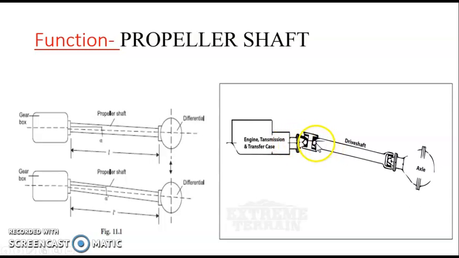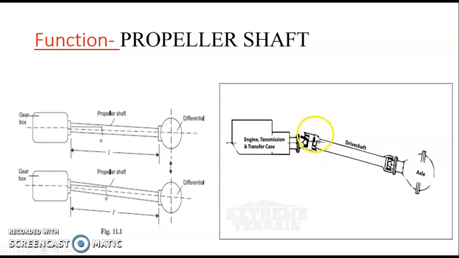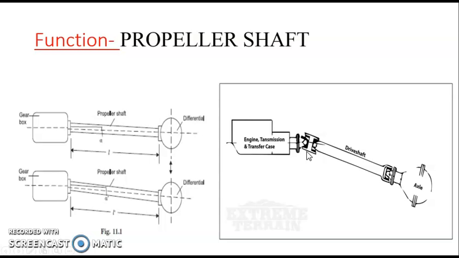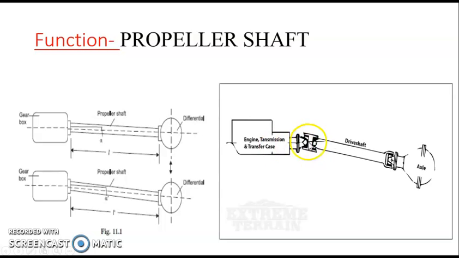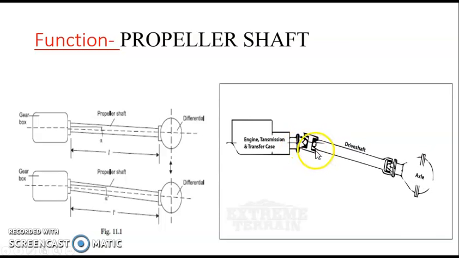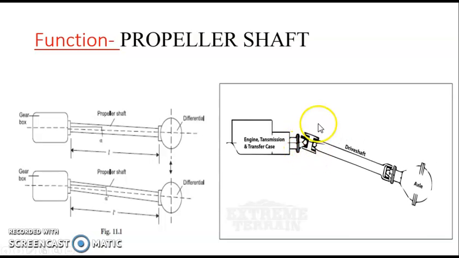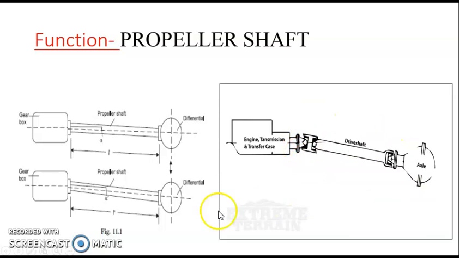These angularities are taken care of by universal joints, so that they remain in angular positions that will not affect the transmission of power. For that purpose, in the propeller shaft we are using universal joints.